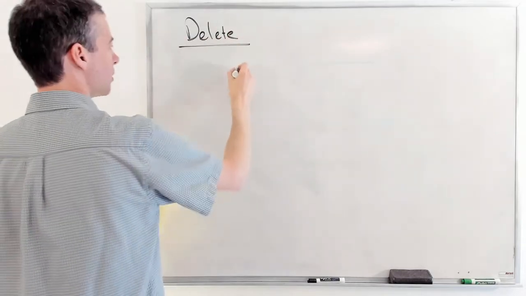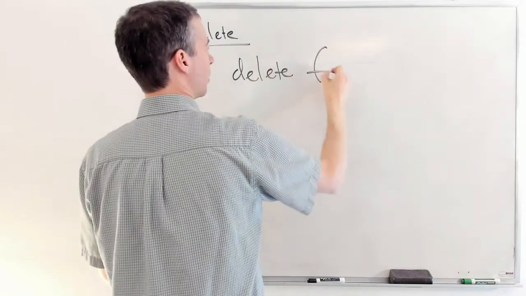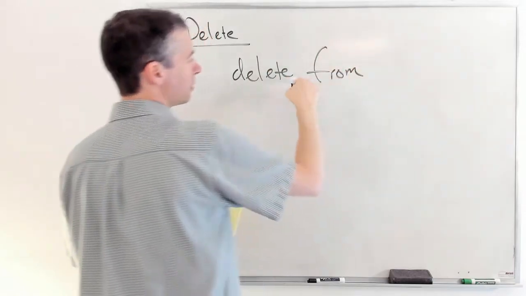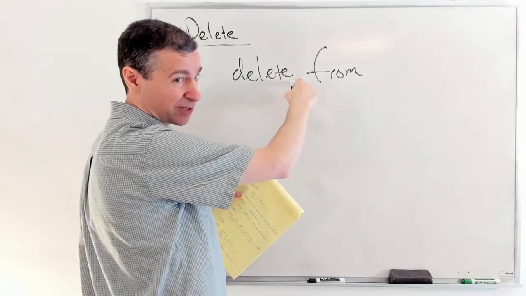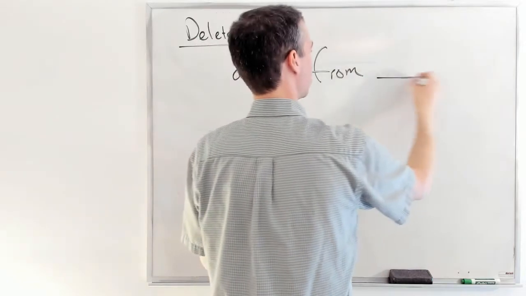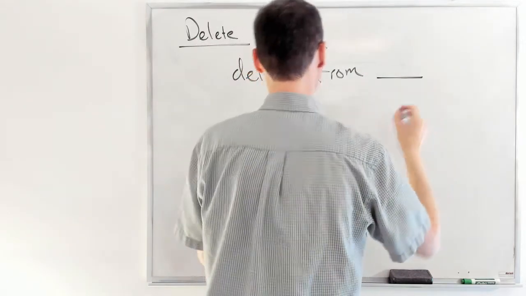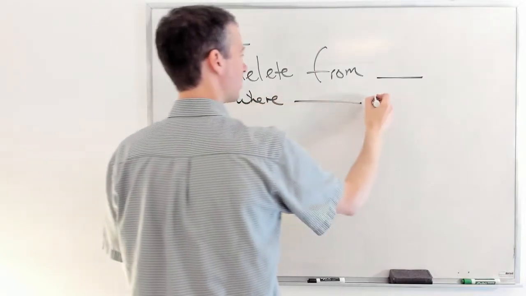All right. So the basic structure of a delete is delete from. There is no projection because we're just getting rid of stuff. We're not going to show you anything. You've got your table name, okay, where, and this is your predicate.